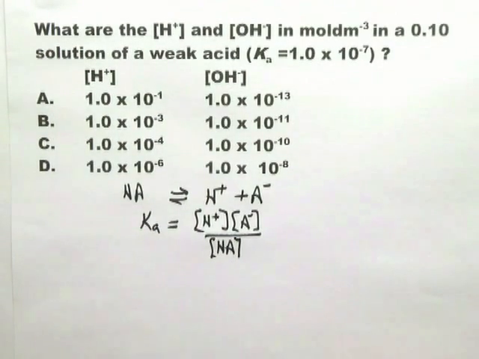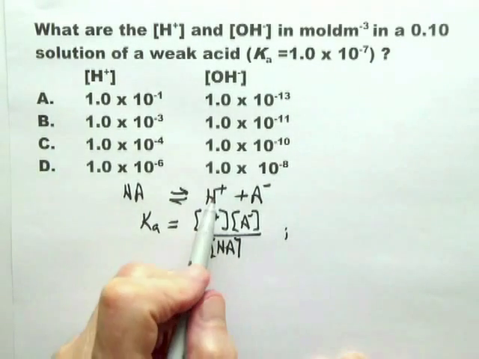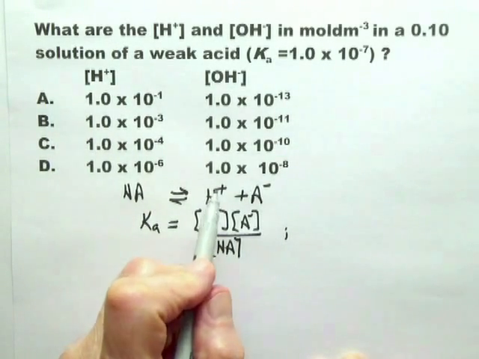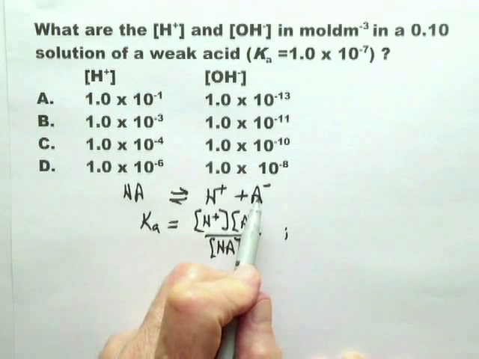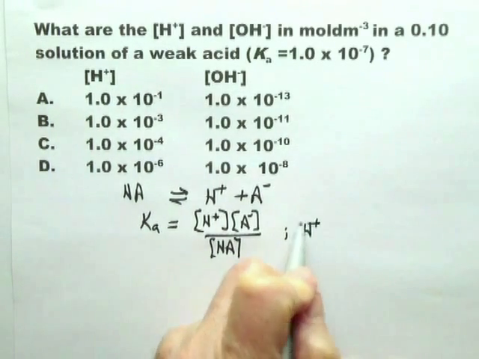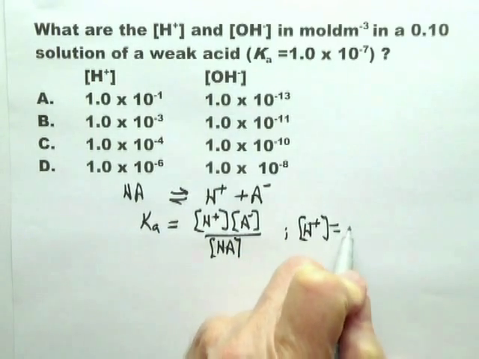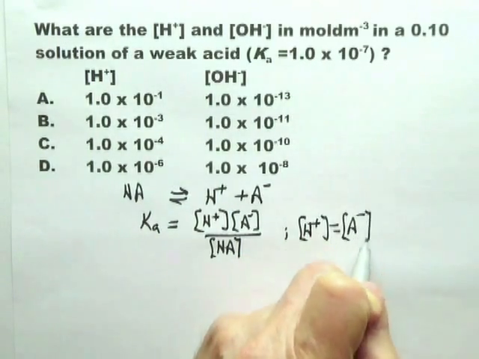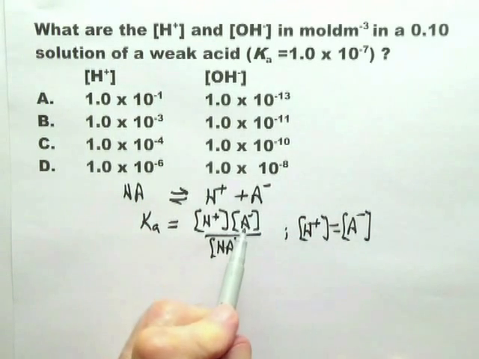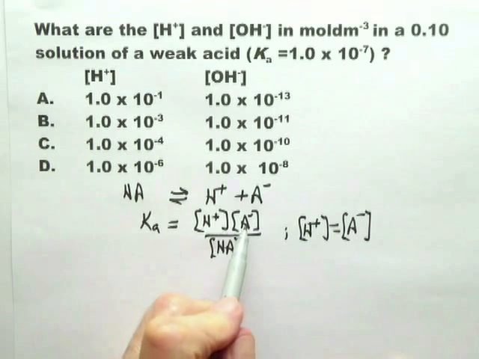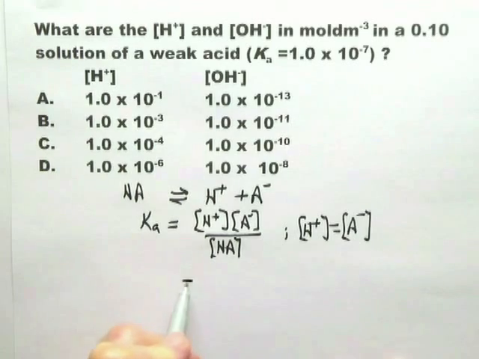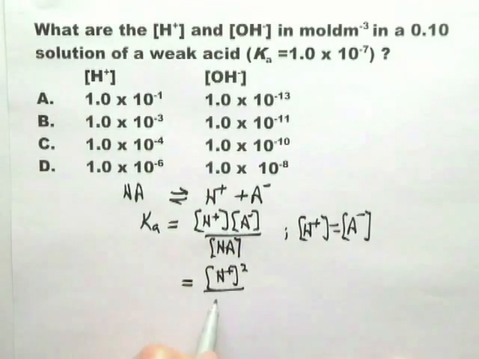Now, the important thing is to see that the concentration of hydrogen ion equals the concentration of the A minus ion. H plus equals A minus. Therefore you're in a position to substitute the A minus here and put H plus in its place. So you end up with this, H plus squared over HA there. You know the Ka, you know the HA.